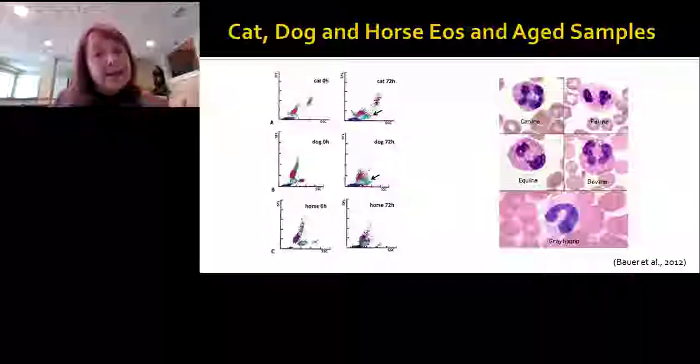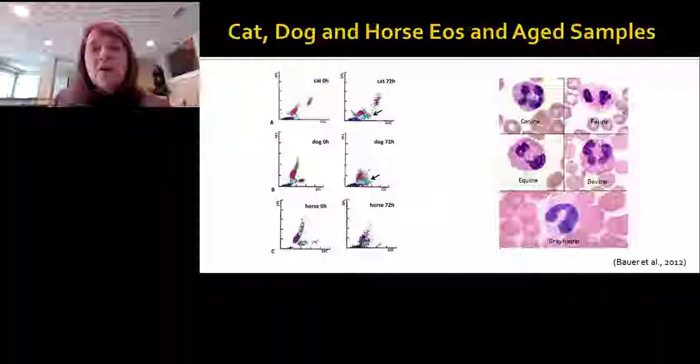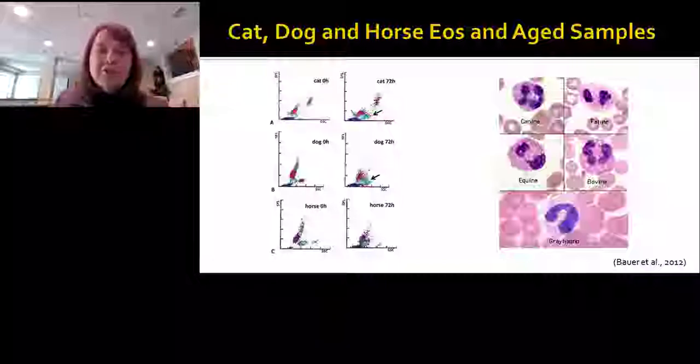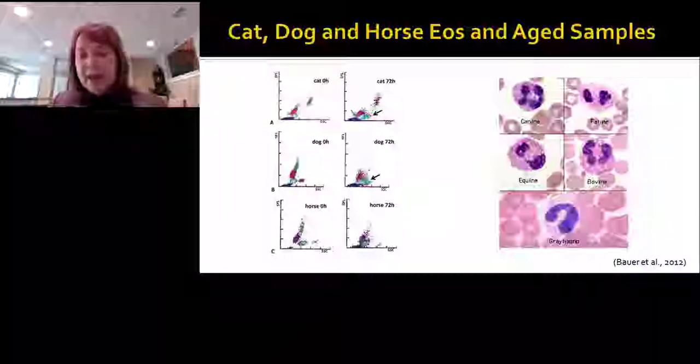And you can see that although they are very similar, they are not the same. For instance, if I look at the equine or the dog, I actually have these very, very large globules. Their granulation is extremely large. In contrast, the granulation of cat eosinophils is usually very small, very compact. Because we are measuring light scatter, these small differences can make large differences in where the population actually resides.